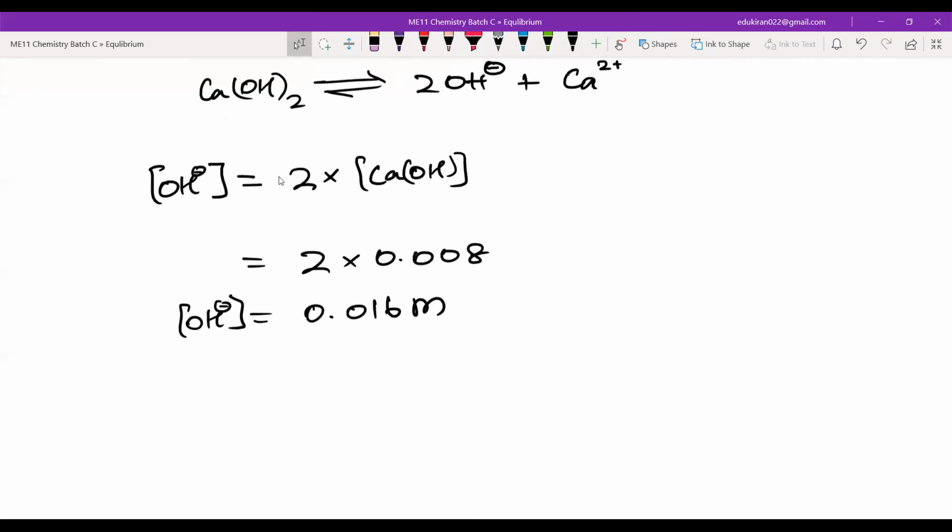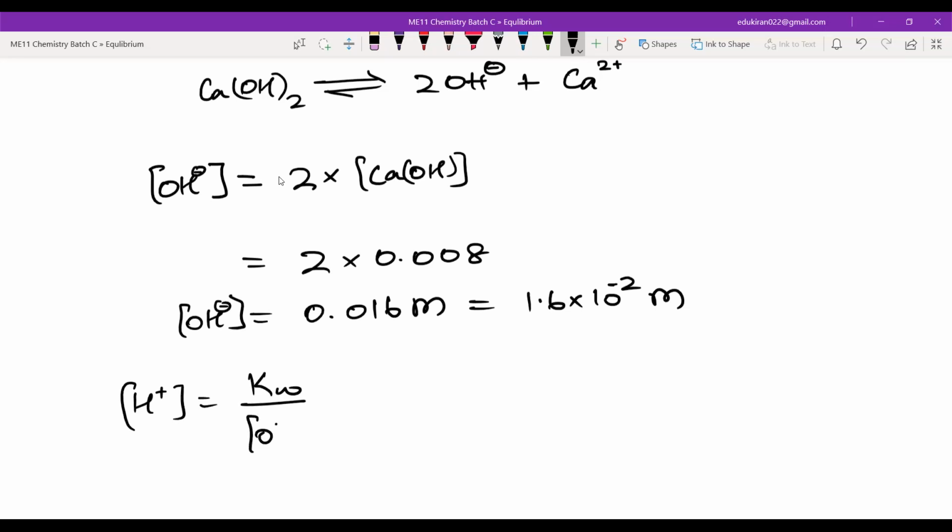I can write this as 1.6 into 10 to the power of minus 2 molar. And we will write the concentration of H plus, it will be equal to Kw divided by the concentration of OH negative, which is 10 to the power of minus 14 divided by 1.6 into 10 to the power minus 2.